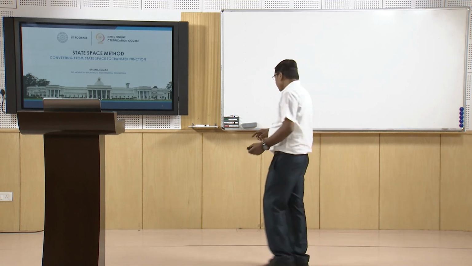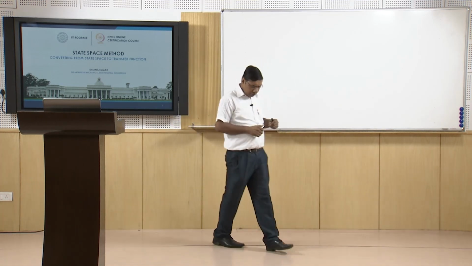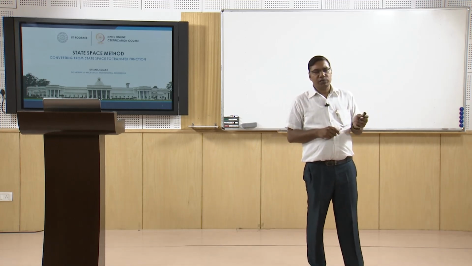So we were discussing that when we have a transfer function, we first convert this transfer function to a differential equation by taking the inverse Laplace transform, and then we select the state variables as phase variables.